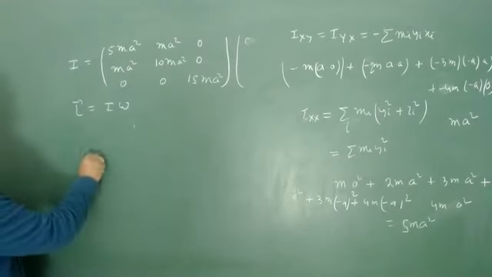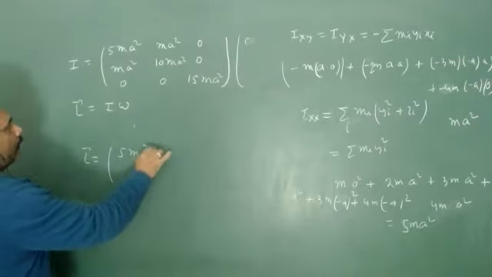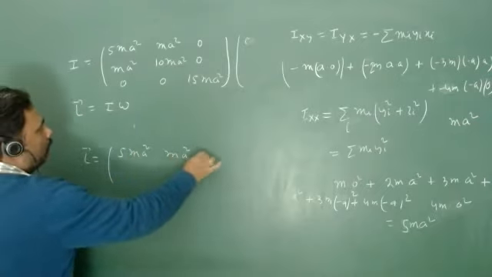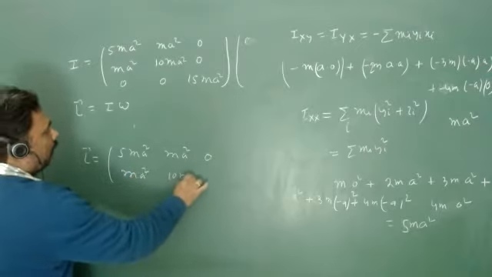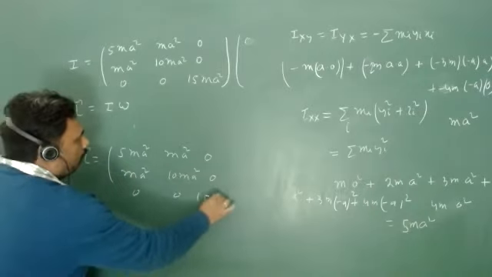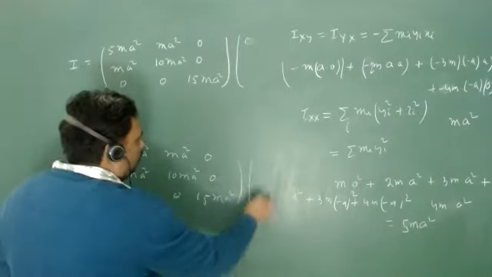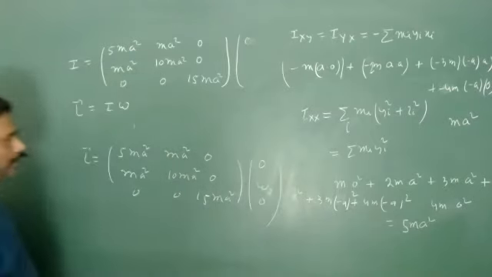So L can be written as the matrix 5 ma square, ma square, 0, ma square, 10 ma square, 0, 0, 0, 15 ma square, times the vector 0, omega not, 0.